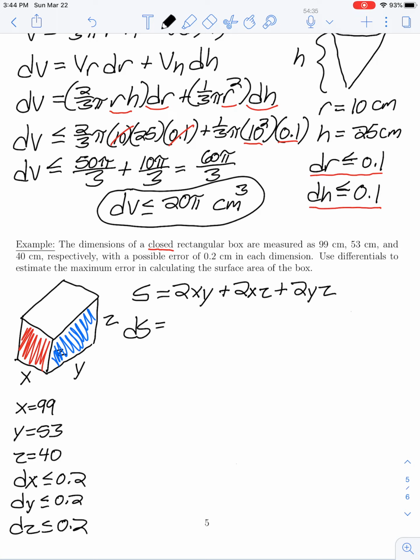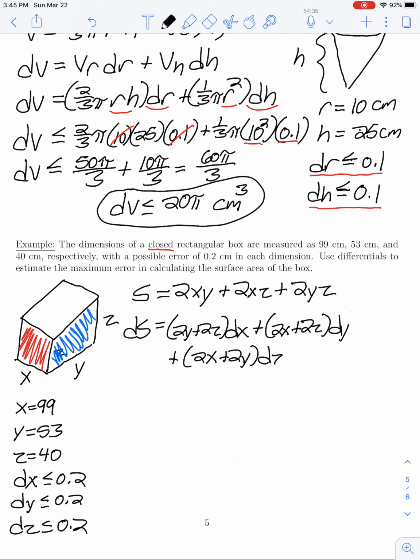So here we start by looking at our partial derivative with respect to x, which would be 2y plus 2z times the differential of x, plus our partial derivative with respect to y, which is 2x plus 2z times dy, and then plus the partial derivative with respect to z. So we're going to have 2x plus 2y times the differential of z.